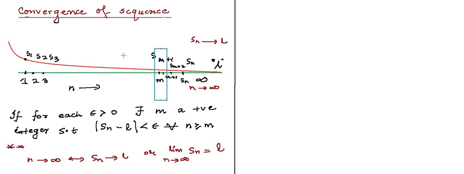That is, for any positive real epsilon, no matter how small, there will exist such a number m that the modulus of Sn minus L will always be less than epsilon. This is the first thing that we can be assured of.